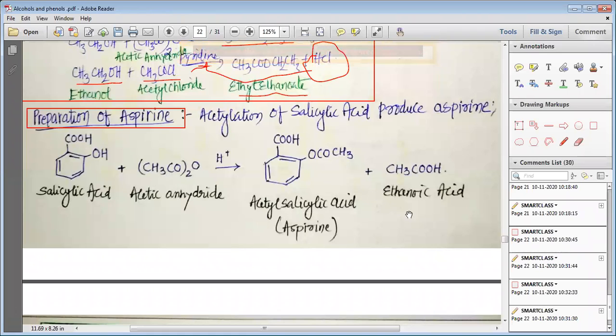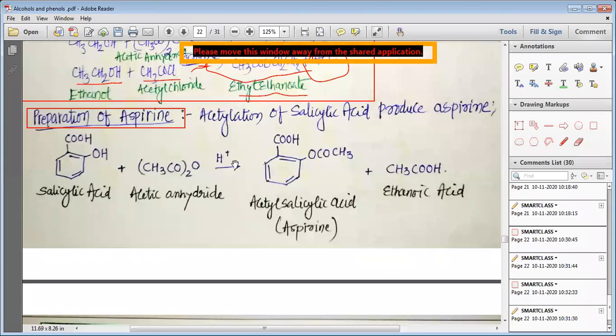Apart from this, ethanoic acid is also produced during this reaction. So my dear students, I would like to repeat once again that the preparation of aspirin is an example of esterification reaction. It is also an example of acetylation reaction too.